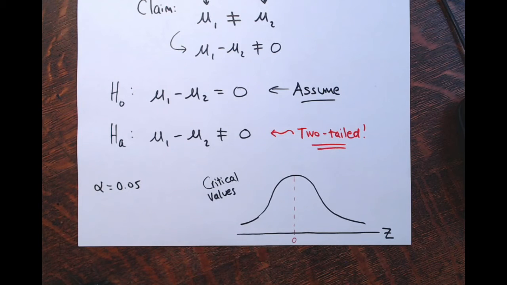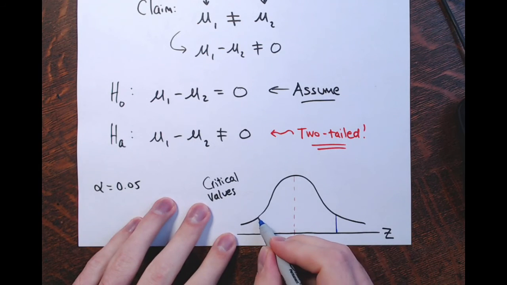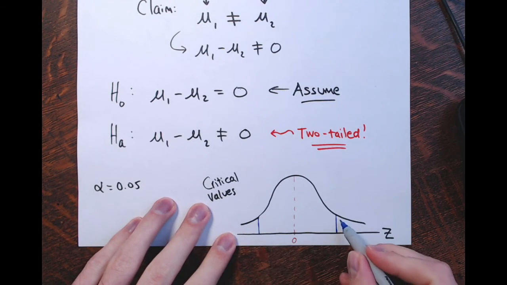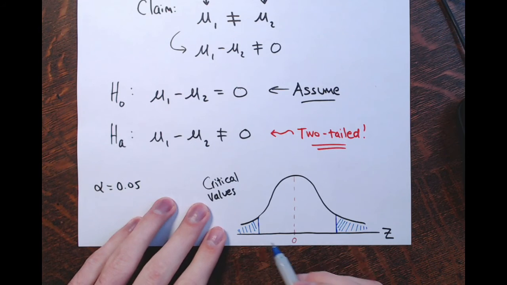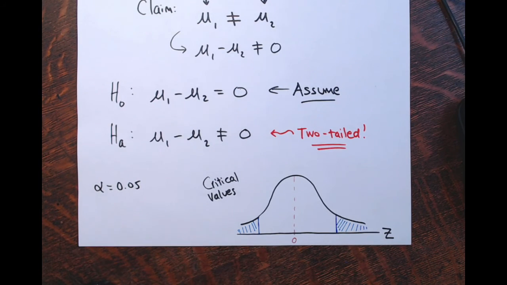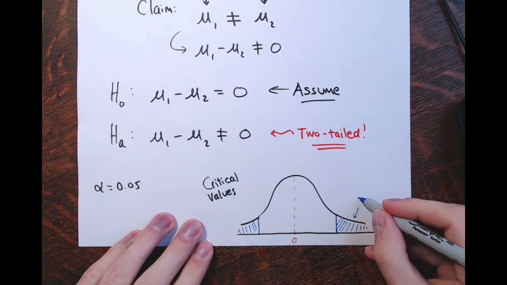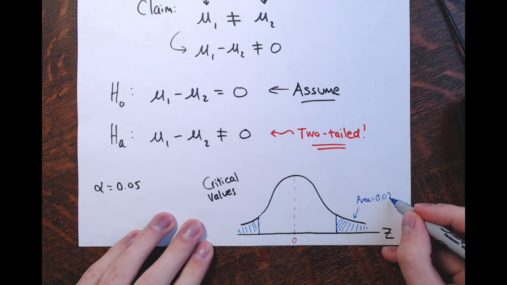And what we're looking for, because again it's two-tailed, are two values, one to the right of the mean, one to the left of the mean, so that the area to the right of this critical value and the area to the left of this critical value add up to 5%. So each of these areas should be half of 5%, which is 2.5%.